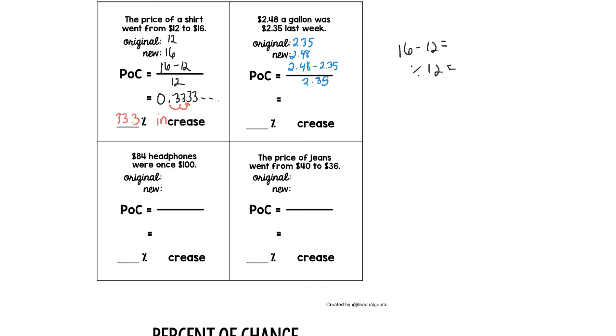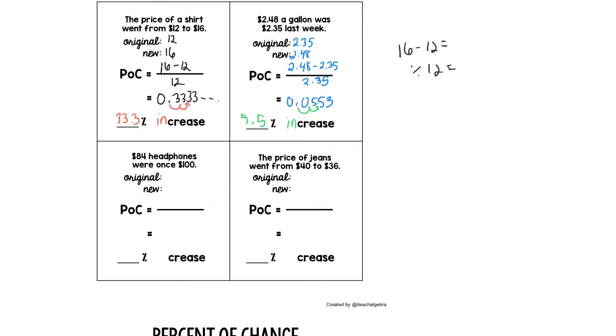Use your calculator to do that, and you get 0.0553. Again, we move the decimal point 2 places to the right, and we've got 5.5%. It's a positive number, so it's an increase.